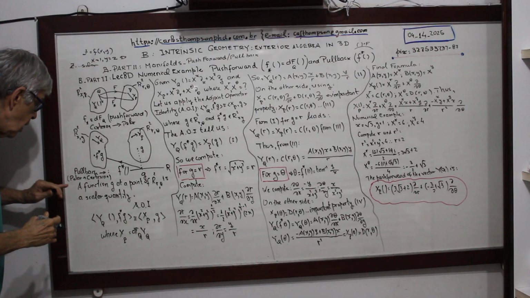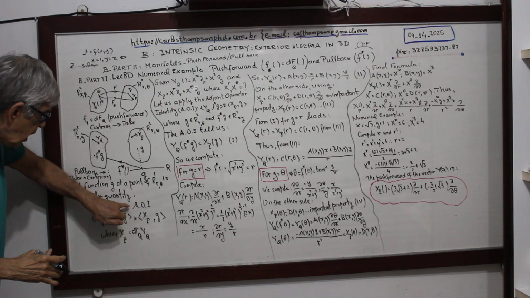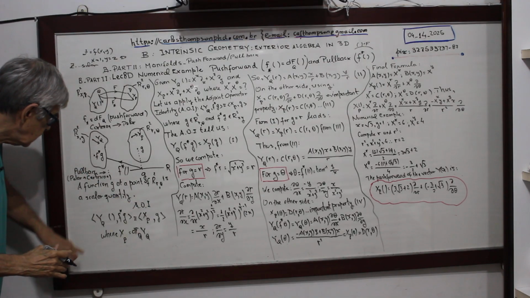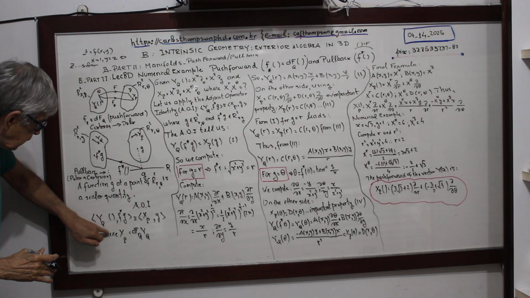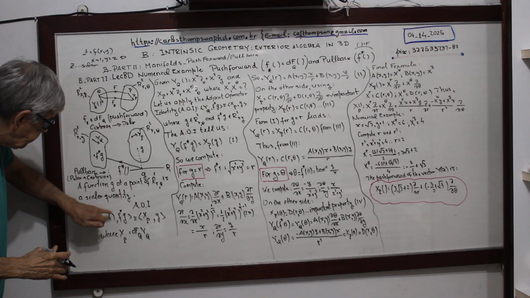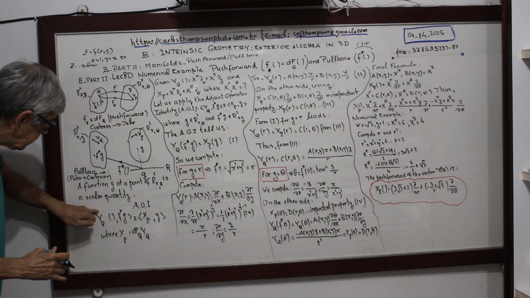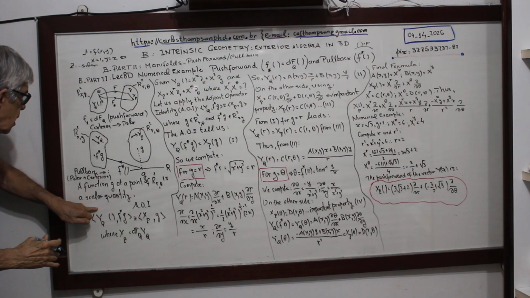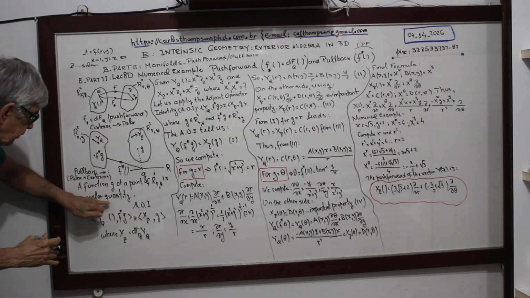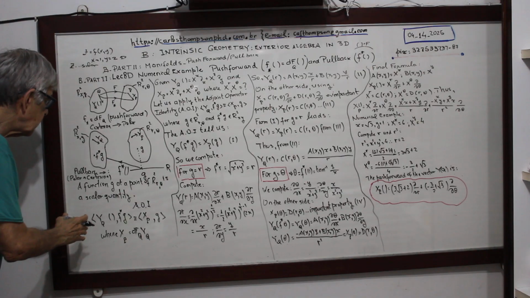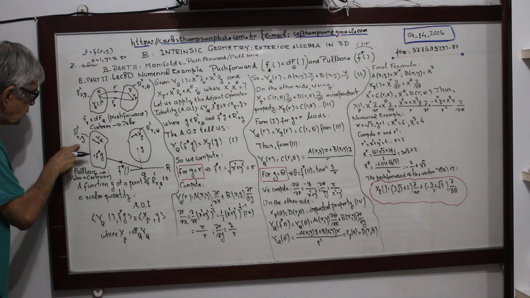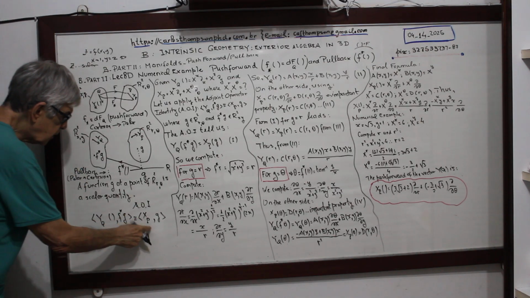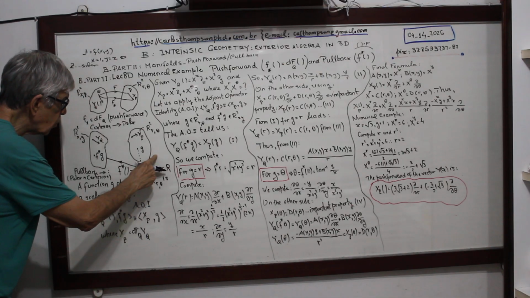Now, you see, the adjoint operator identity. This here belongs to the Cartesian, and this one to the polar coordinates.